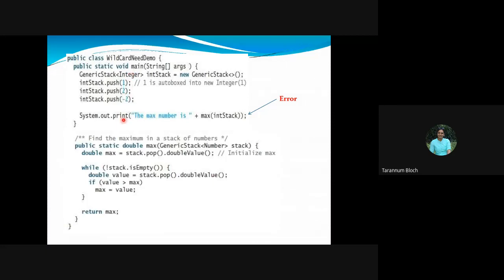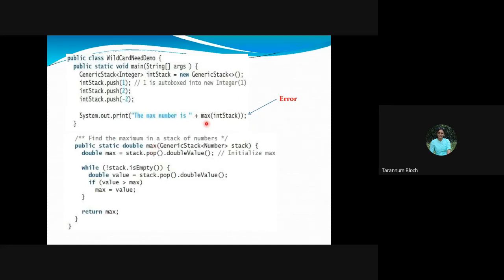Now see, what is the situation? Here we have taken an object, integer stack, right? We gave integer stack, and as the generic class is general, we can go with the double, we can go with the integer, we can go with anything. And this class has a method which is generic, so it can also accept any type.